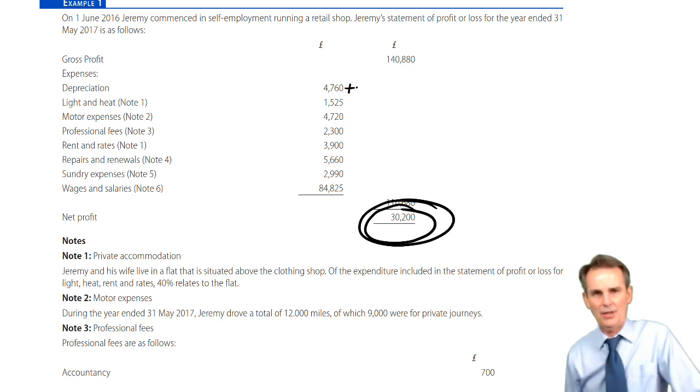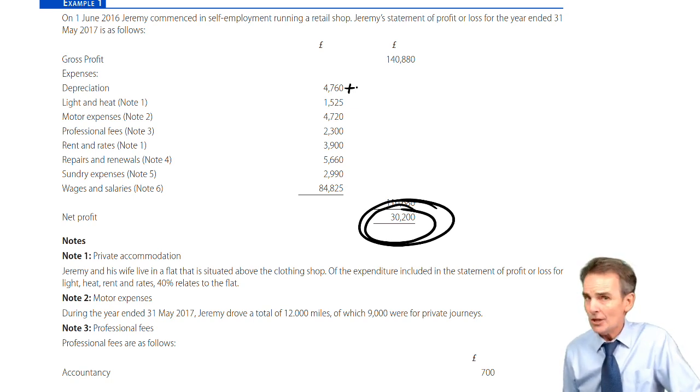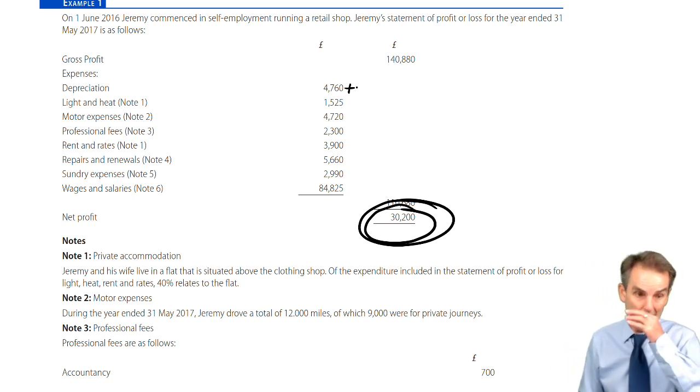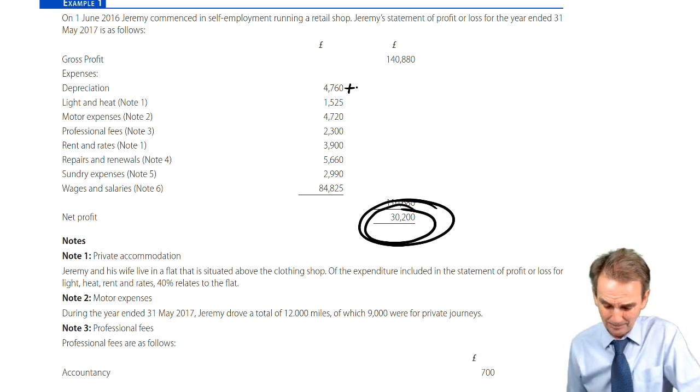If we've got profit on sale of the asset, next to it, without reference to a note, we would put a minus sign. If there was property income, if there was interest income, if there was dividend income credited on that statement of profit or loss, they aren't trading income. They may or may not be taxable, but they're taxable in their own right, not as a part of trading income. So here we would take them out.